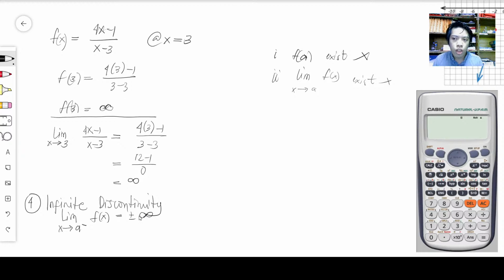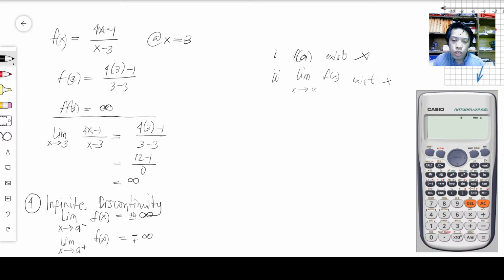That means undefined, positive or negative infinity. Another criterion is that the limit of f of x as x approaches a from the right is positive or negative infinity.